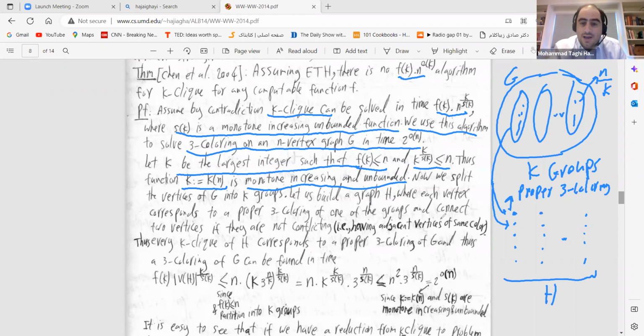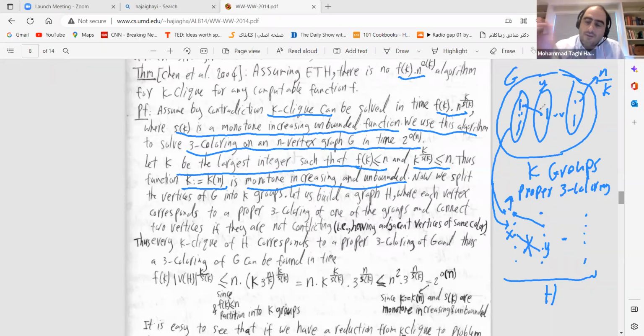And then I will connect two vertices here in H if and only if they are not conflicting. What's the meaning of that? If, for example, in this particular coloring I give this vertex 1, and this guy has another vertex which is 1, and there is an edge between them, then if this is the corresponding coloring X and this is another coloring Y, there is no edge here.